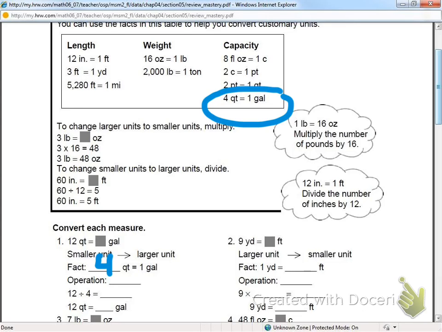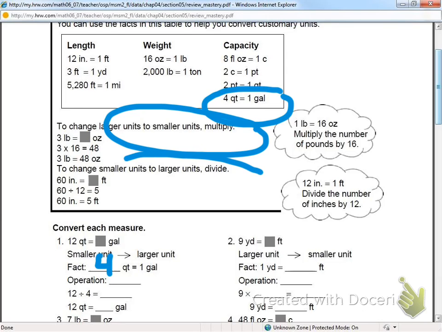So am I going to multiply or divide? Remember, when I go from a smaller unit to a larger unit, I divide. So I'm going to divide by 4. So 12 divided by 4 is 3. So how many gallons? 3.